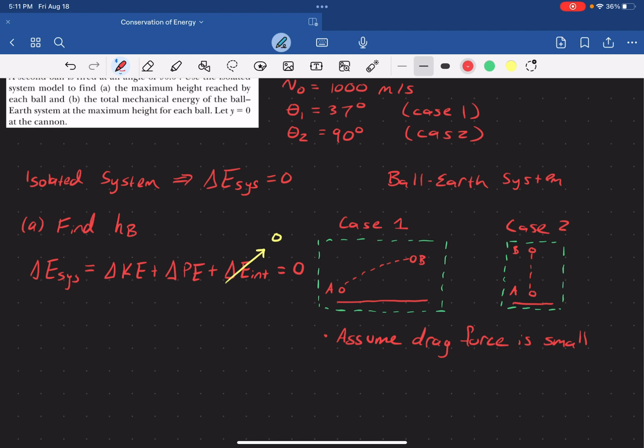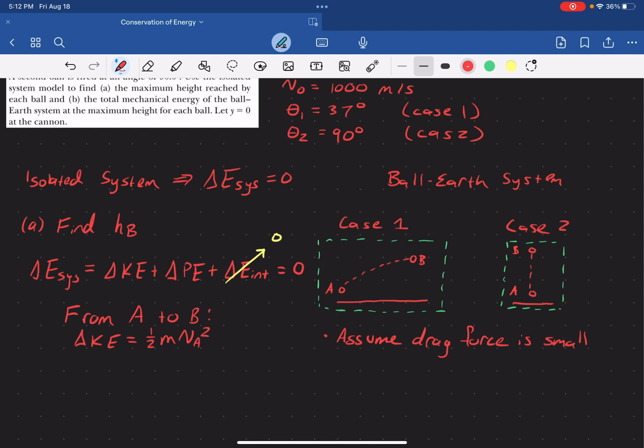Now considering the kinetic energy and potential energy from A to B, change in kinetic energy is equal to 1/2 times mass times the velocity of A squared.